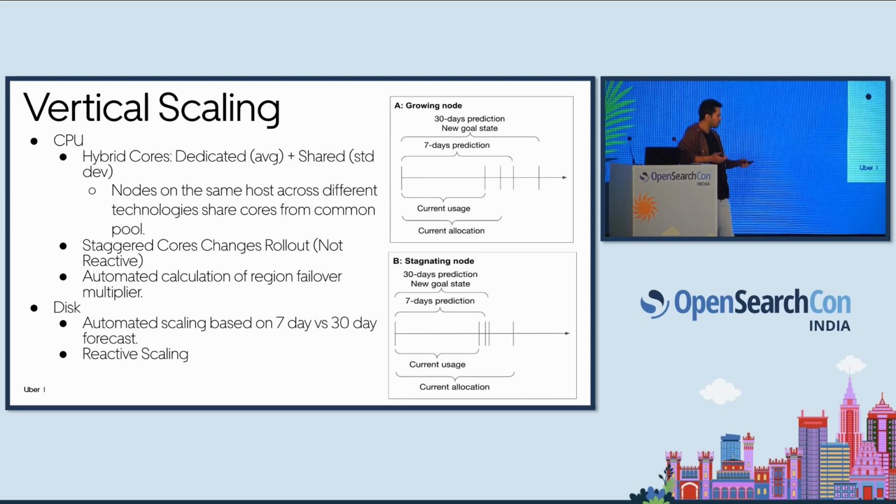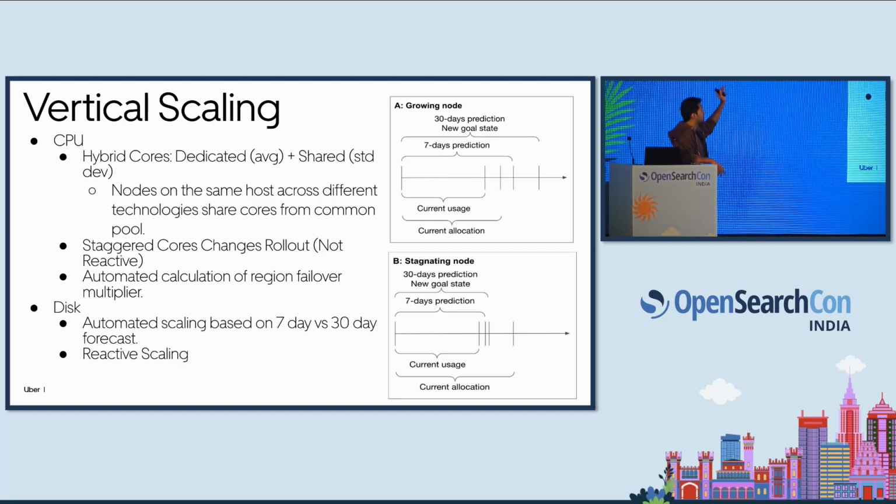So when we talk about scaling, we always talk about either vertical scaling or horizontal scaling. Vertical scaling is throwing more resources at every node. Horizontal scaling is adding more nodes to your mix. When we talk about vertical scaling, we do it for every node in the cluster for two things: one is your CPU cores, the other is your disk.